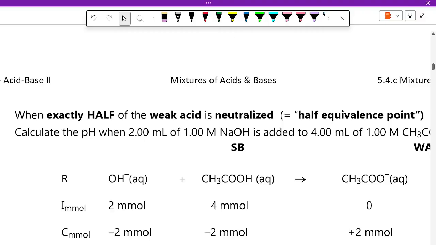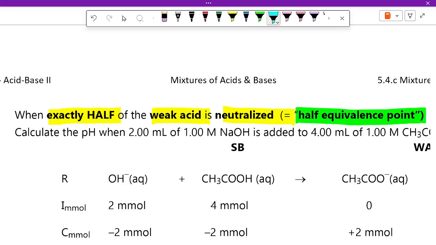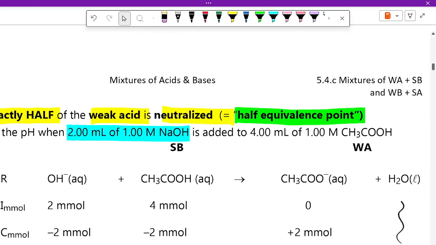When exactly half of the weak acid is neutralized, which we call the half equivalence point, you can see that's going to happen because we have the same concentration for both of these things, but we only have 2 milliliters of base, and we have 4 milliliters of the acid.